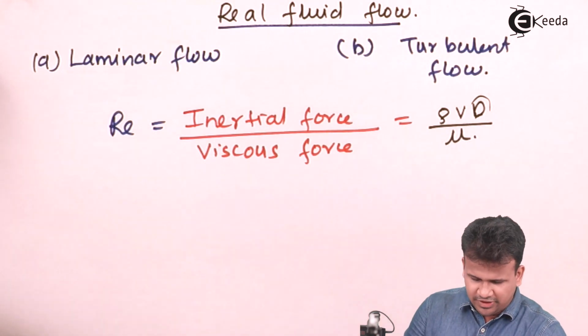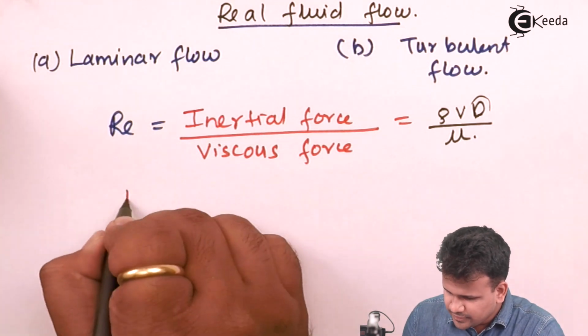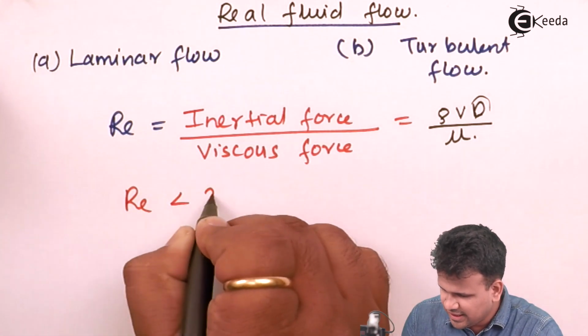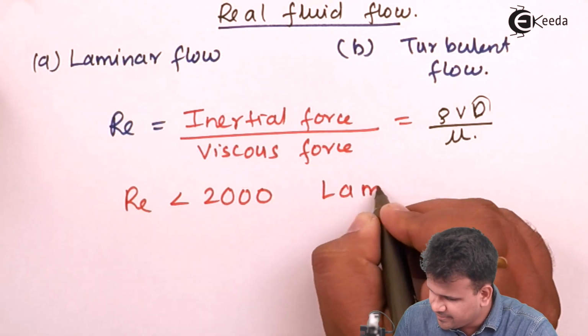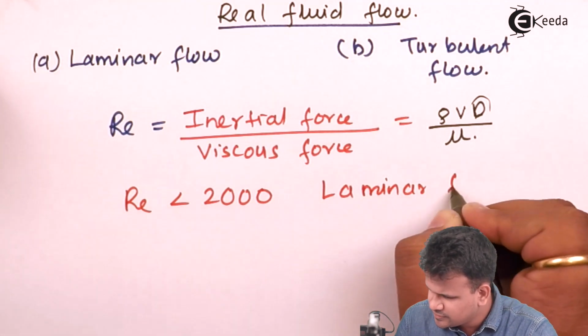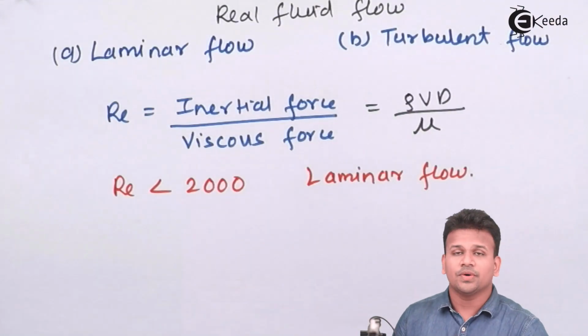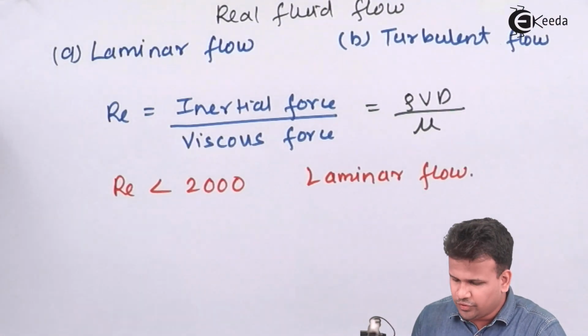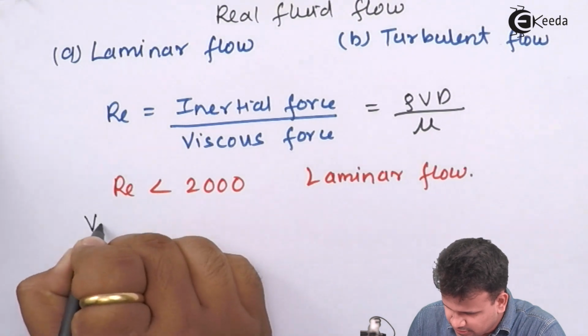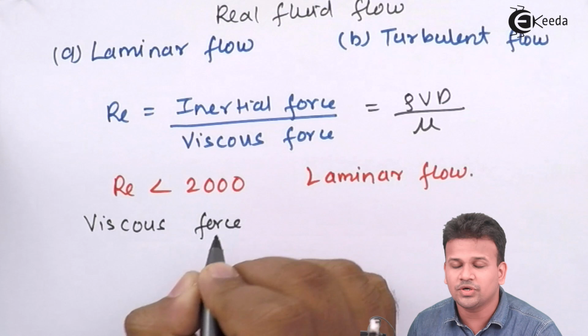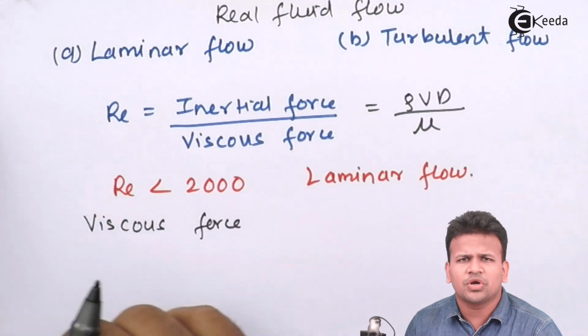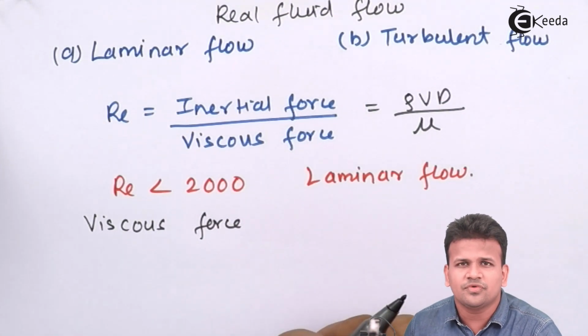Now, if the Reynolds number is less than 2000, then it is called laminar flow. So, in laminar flow, the viscous force acting on the fluid predominates or dominates the inertial force.